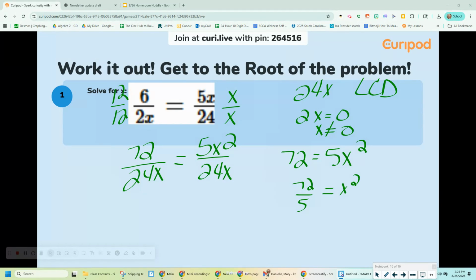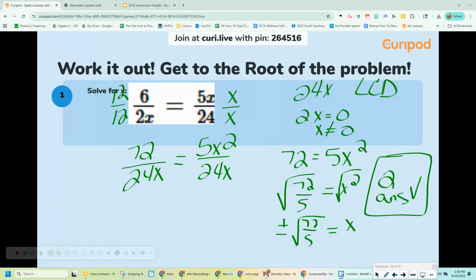Well, now I have to take the square root of both sides, and know when you take the square root of both sides, you're going to get a positive and a negative. Square root of 72 over 5 to equal your x. And that does not equal 0, so we are okay. That is going to be a solution. Know that when you have a square term, there's going to be two answers, which is where the positive and the negative comes in.